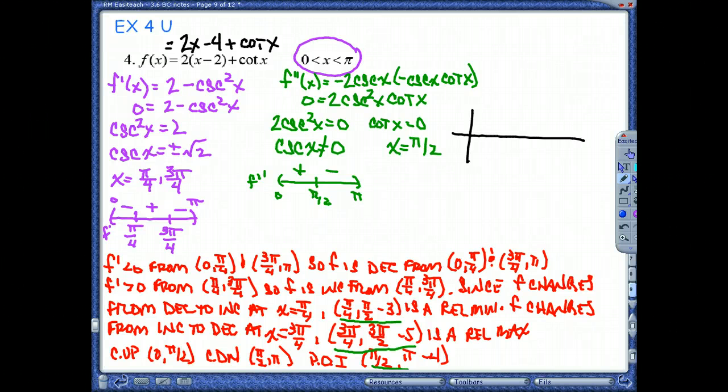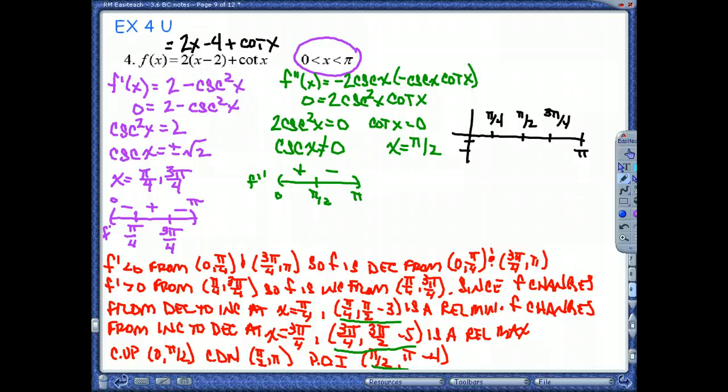I have my graph going to pi. 1, 2. I've got pi over 4 as a special point, pi over 2 as a special point, and then 3 pi over 4 as a special point. When I graph these, I am going to estimate these.